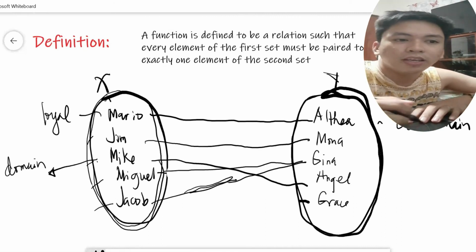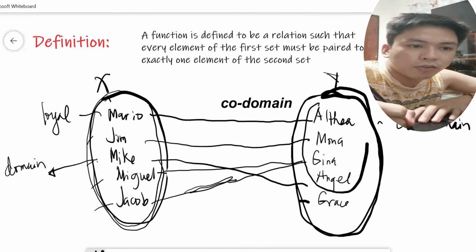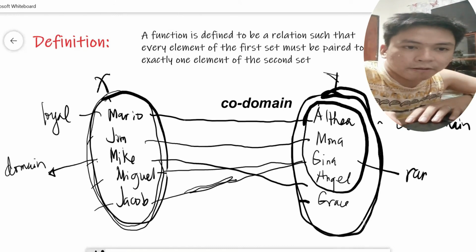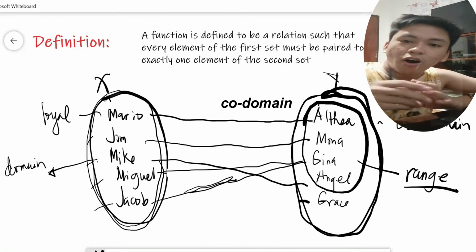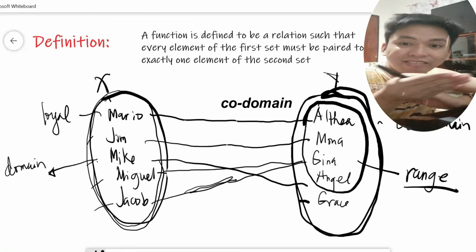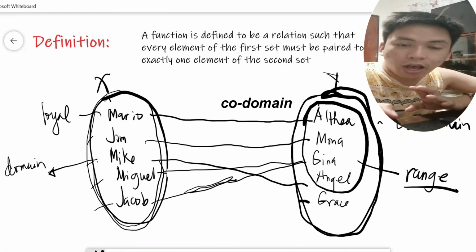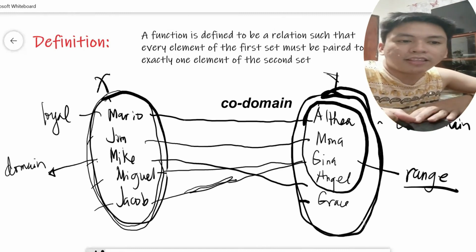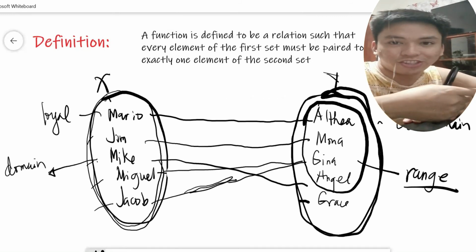Yes, of course we do. Those who are taken, except here Grace, this is our range. Meaning to say that the range is only the set of all girls in the second set that are being taken from the first set. So, itong kawawa, walang jowa, this is just a mere element of the codomain but not of the range.